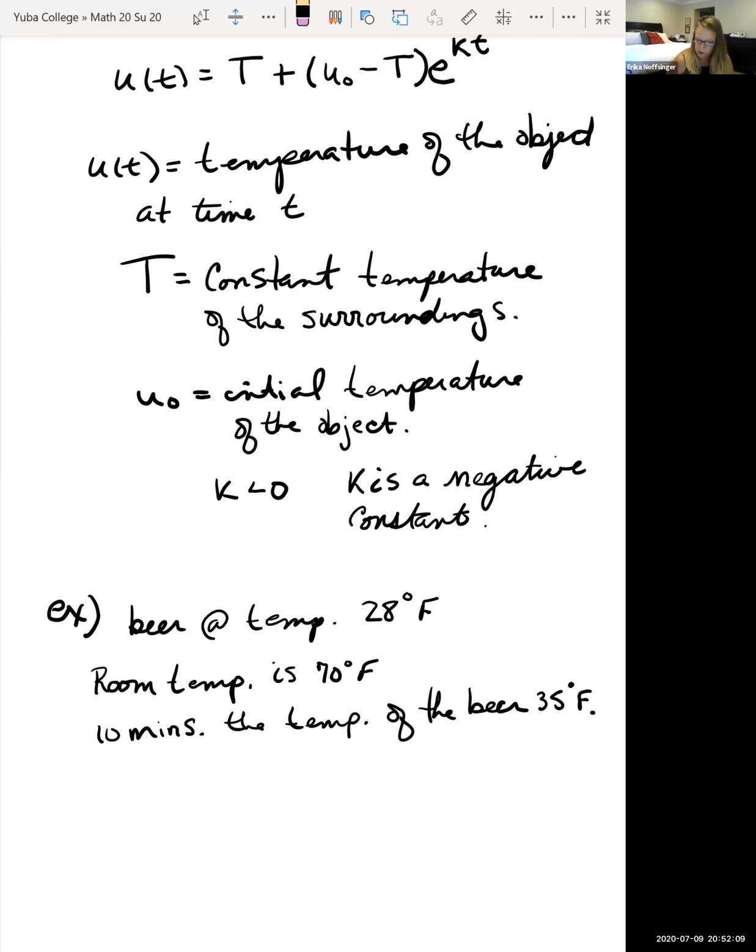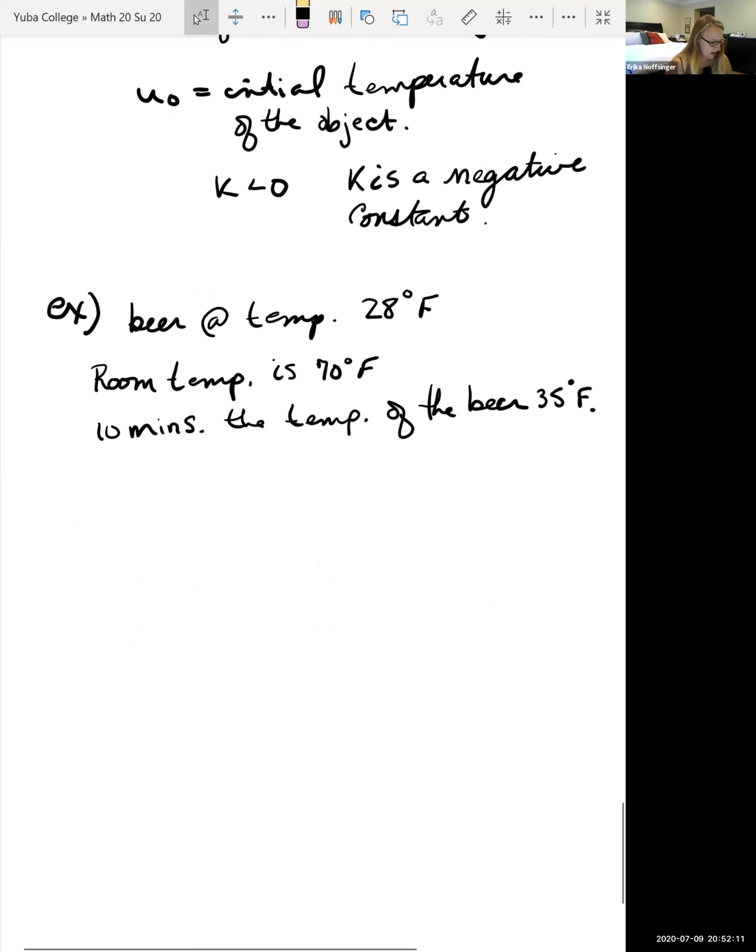So before we even answer any of the questions about how long it's going to take, or what the temperature of the beer will be after 30 minutes, or how long it will take for the stein to reach 45 degrees, we need to figure out our equation.